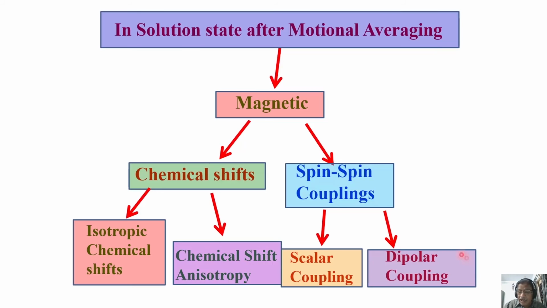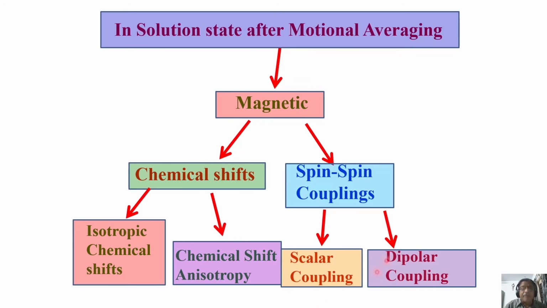What about the dipolar coupling? The dipolar coupling, as I told you, depends upon the orientation of the internuclear vector. It is orientation dependent. That means when there is motional averaging, all possible orientations are present. That means when you take the average, this dipolar coupling also goes to zero. You understand? In the solution state, anisotropic parts of these interactions go to zero.